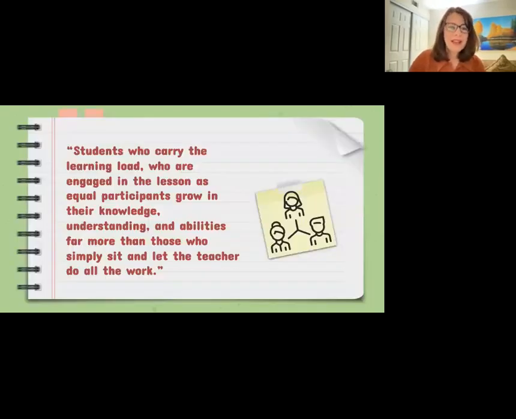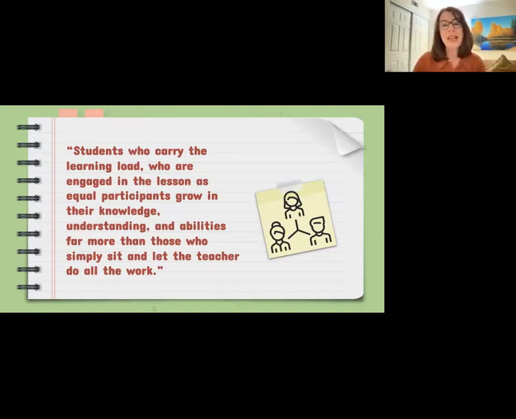I always say this term: we want our students to carry the load. They'll learn more when they're carrying the learning load versus the teacher doing all the work and all of the talking.